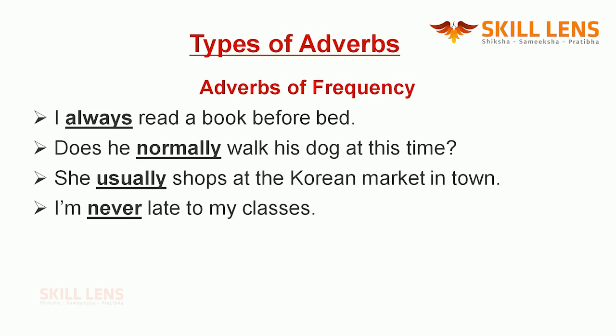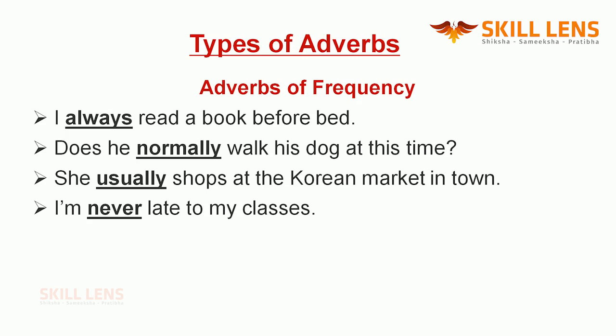Walk is the main verb in the sentence and normally appears just before the main verb. She usually shops at the Korean market in town. I'm never late to my classes. So usually and never also appear just before the main verb. This is an essential fact to remember, that adverbs of frequency appear before the main verb.